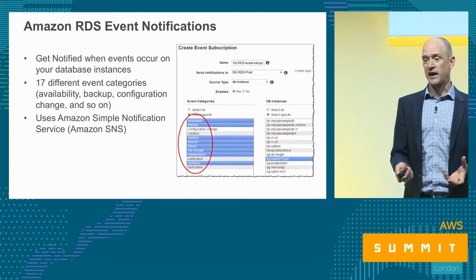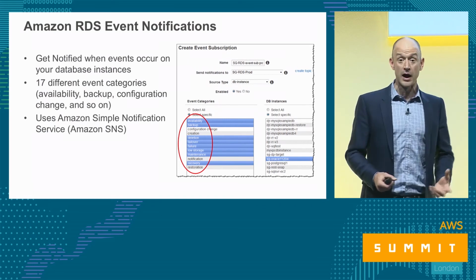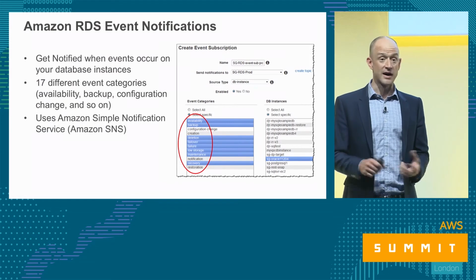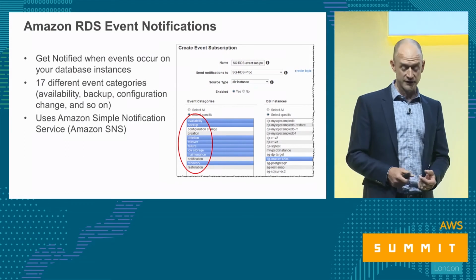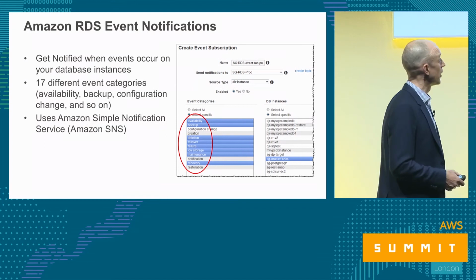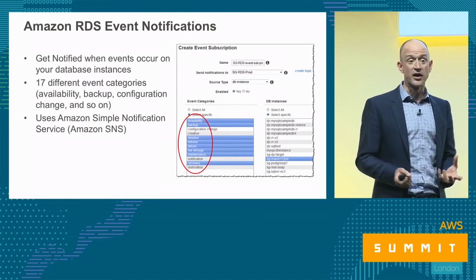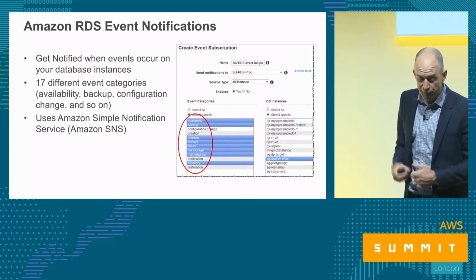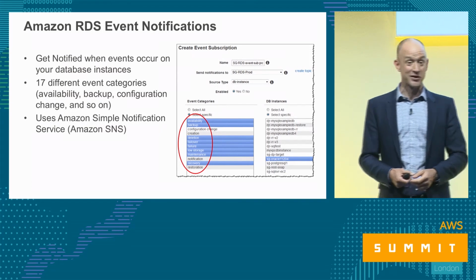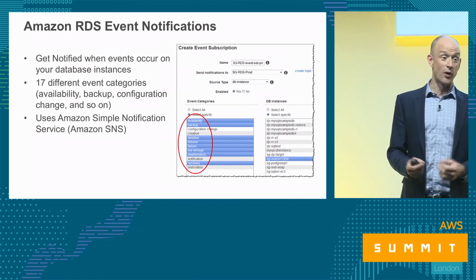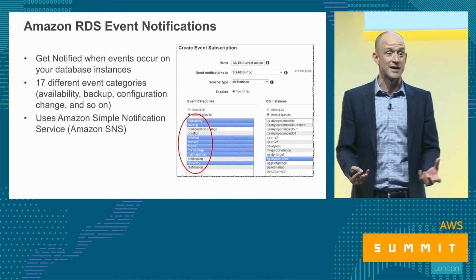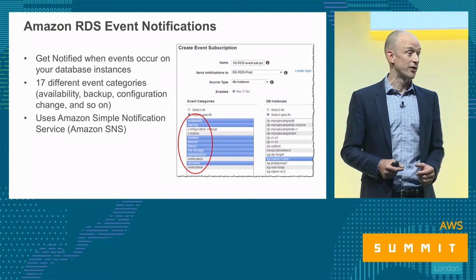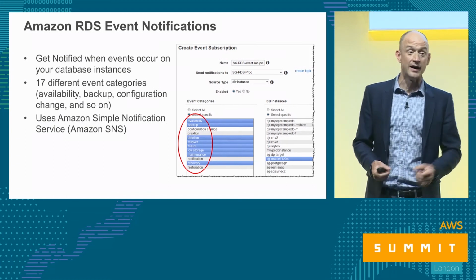I mentioned event notifications. This gives you the ability to alert on key events that affect your RDS instance or are taken out on your RDS instance. For example, we've got deletion of the RDS instance, failover from a primary to a secondary, failure of the instance. That's obviously going to be a key one you're going to want to report on. One of our principles as solution architect teams at AWS is design for failure. The Multi-AZ component of RDS helps you do that.